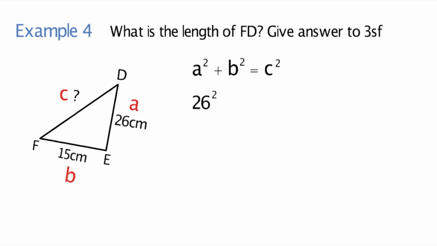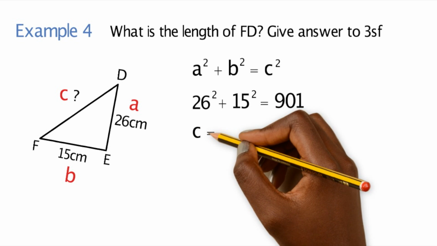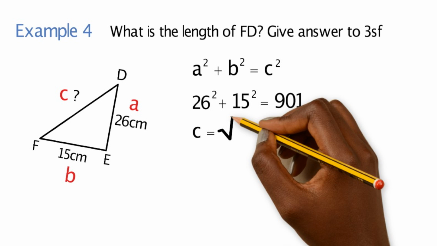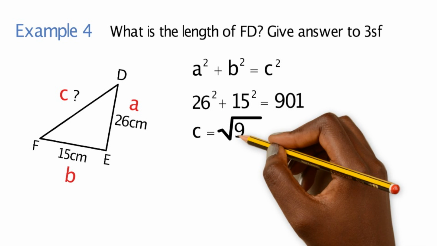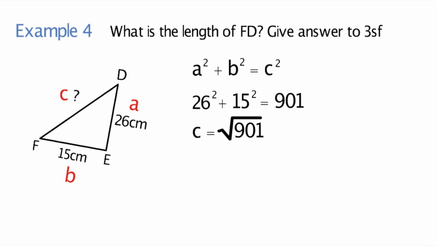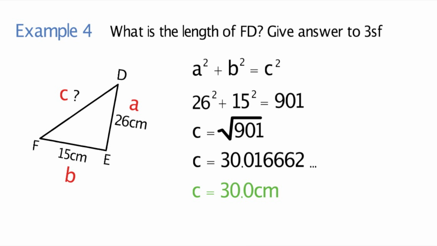So we would do 26 squared plus 15 squared, and that gives you an answer of 901. And then to work out what C is, we would do the square root of that. So square root of 901 would give you an answer of 30 point and so on, but because it's to 3 significant figures, it will be 30.0 centimeters.